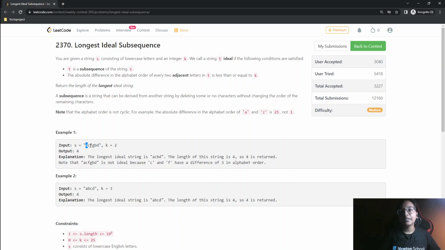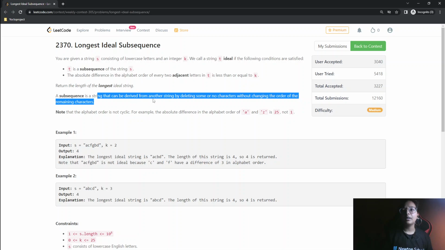Now let us see the first example. Here we are given A, C, F, G, D, D, right? So we can see A and C. A subsequence is a string that can be derived from another string by deleting some or no characters.